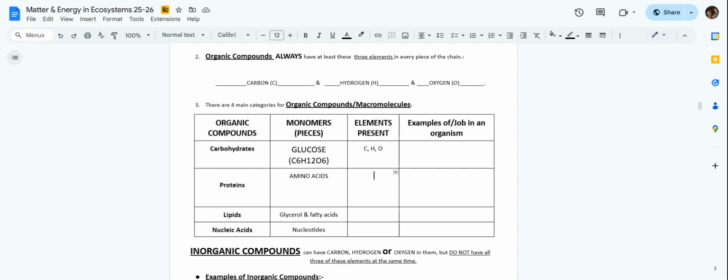Now, proteins have carbon, hydrogen, and oxygen, which is required to be an organic compound, but they also have nitrogen, and sometimes they even have other elements like sulfur and things like that.